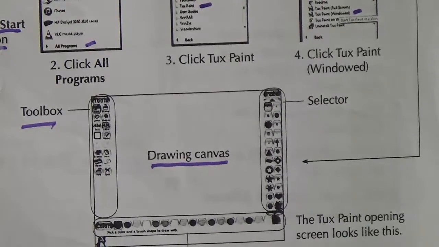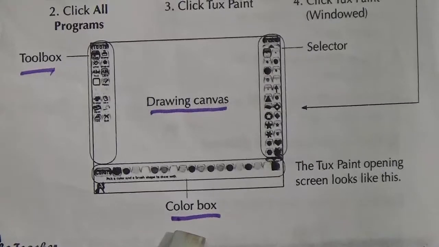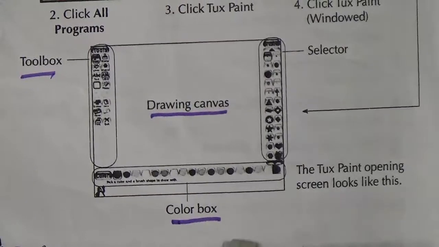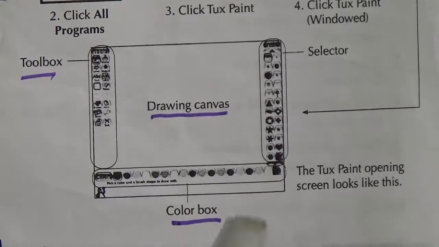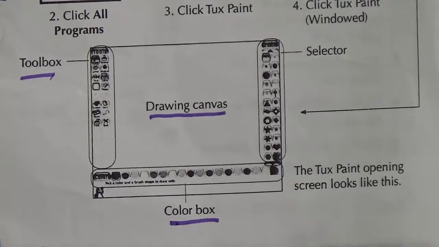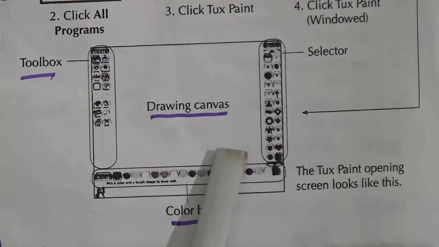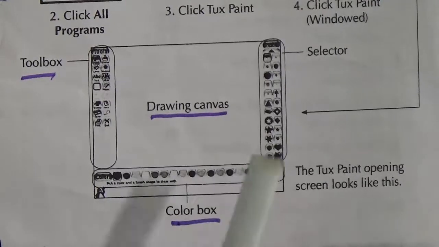And this one is very important, the color box. What can we do from the color box? We can select any color, red, white, blue, any color from the color box. If the question comes in the exam, the white portion in the Tux Paint program is called what? Drawing canvas.